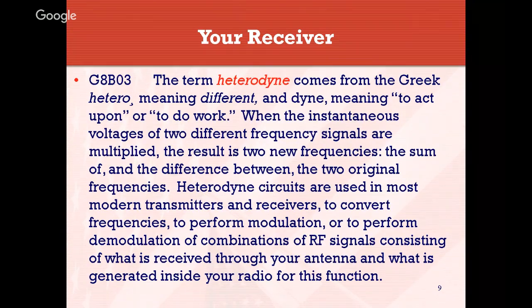Heterodyne circuits are used in most modern transmitters and receivers to convert frequencies, to perform modulation, or to perform demodulation of combinations of RF signals consisting of what is received from your antenna and what is generated inside your radio for this function. And I've mentioned earlier that there's different ways that different receivers and transmitters do this.